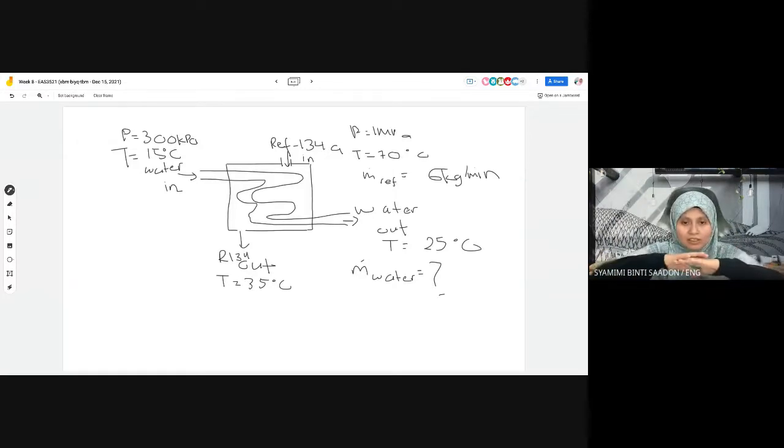Here there is no heat exchange with the environment, or the heat transfer is very small, not significant compared to the enthalpy change within the system, which is the condenser here.